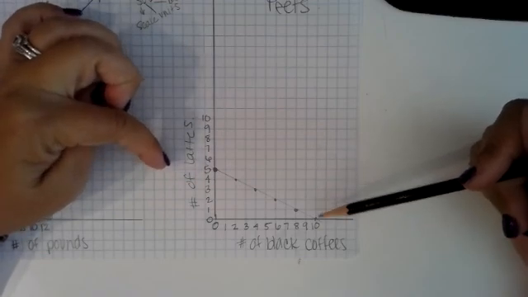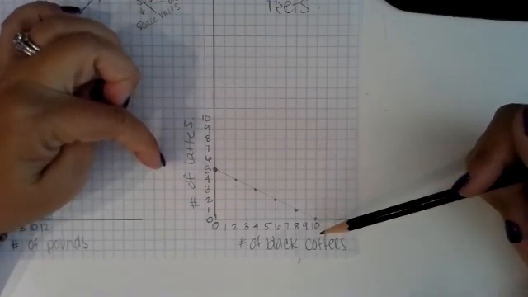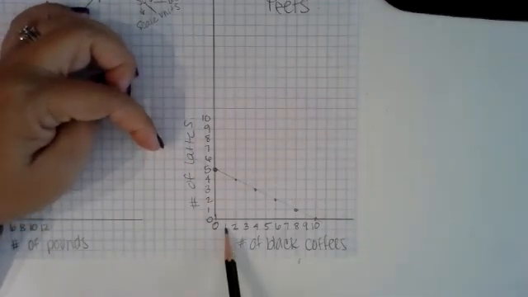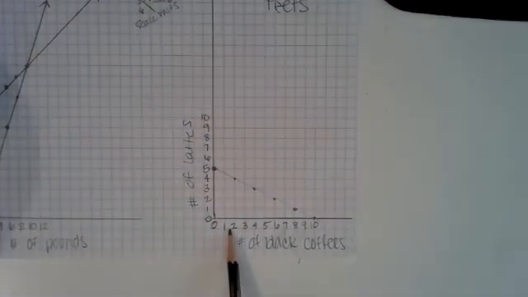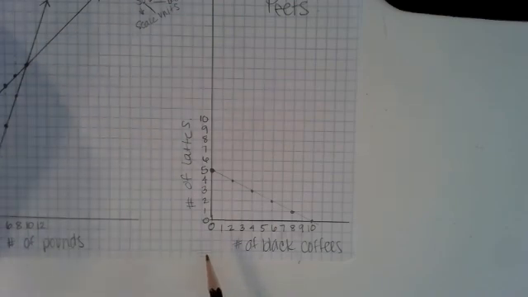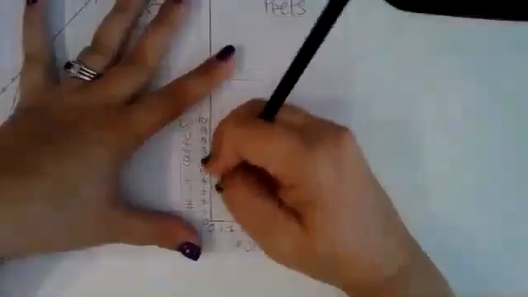So everyone that's letting me lead you off the cliff, you have to think for yourself, you guys. Think about this. Can I buy a portion of a black coffee? No, they're not giving me a portion of a black coffee. That's not a good sales management strategy for them. So you have to use your brain.